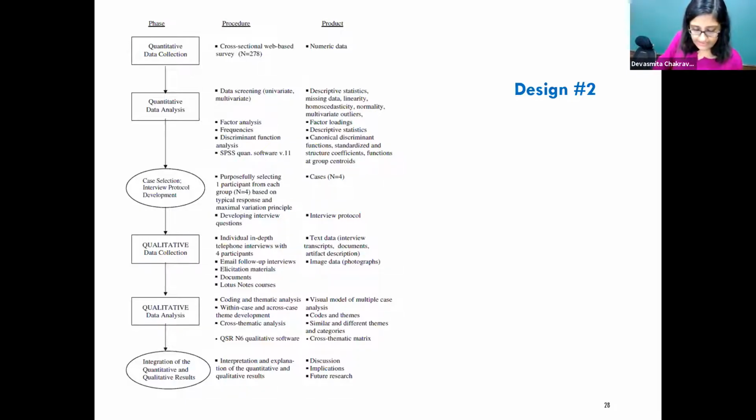They purposefully select, this is important, they purposefully select one participant from each group. They found 4 groups after analyzing data. So they found 4 different groups based on their quantitative analysis, and from each group, they picked one student.